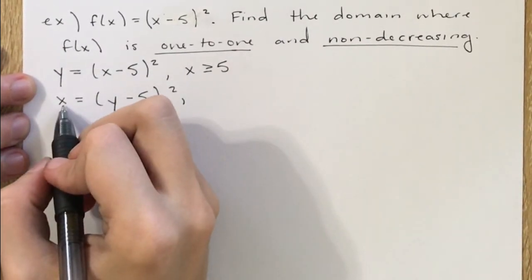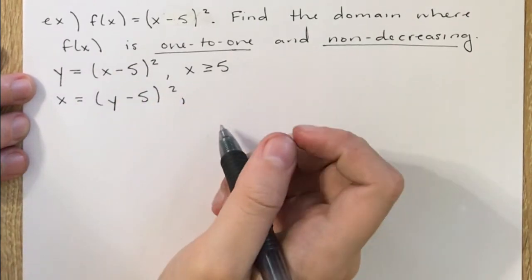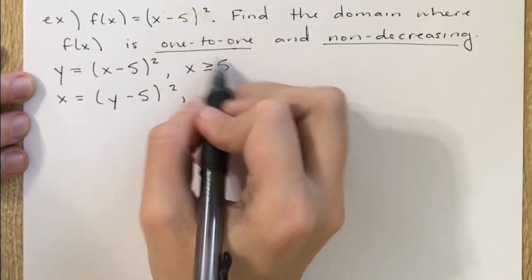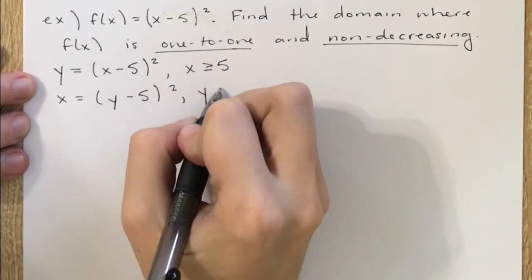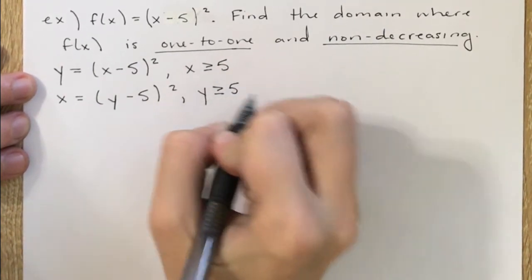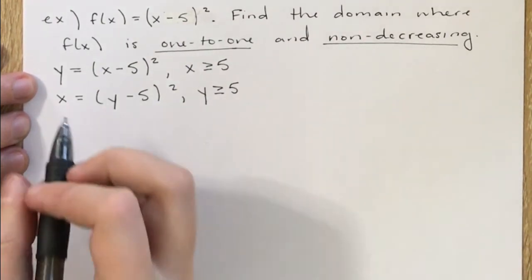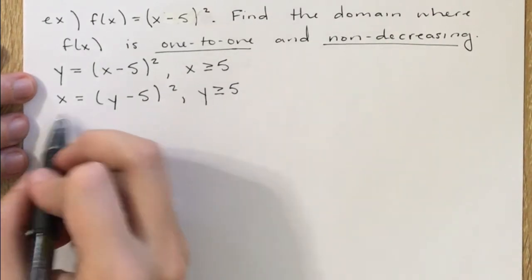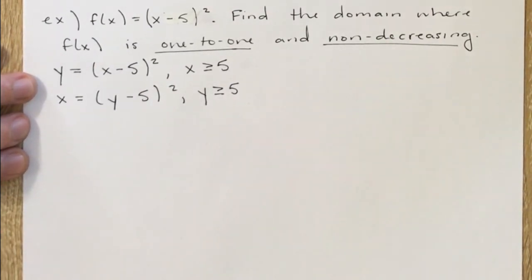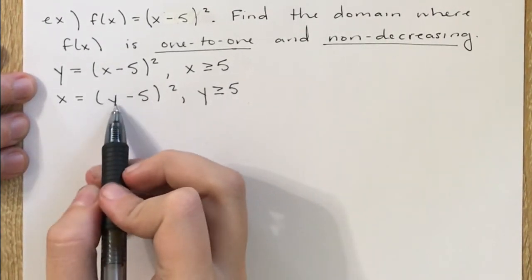Is that the only x we have to replace? We also have this x is greater than or equal to 5 tagging along. So here we have y is greater than or equal to 5. I know this doesn't seem like it'll be useful, but it actually will. So let's keep going. All right, so we want to solve for y.